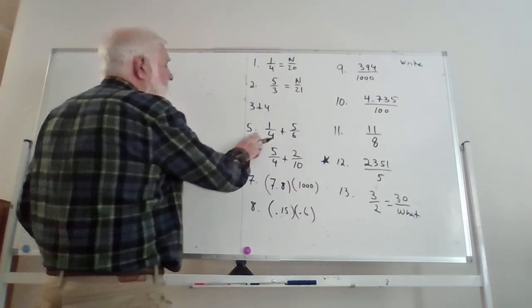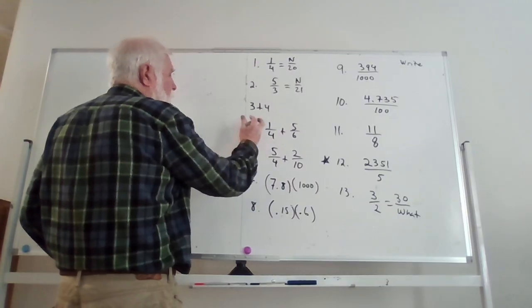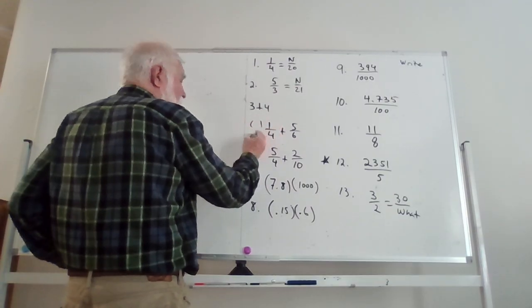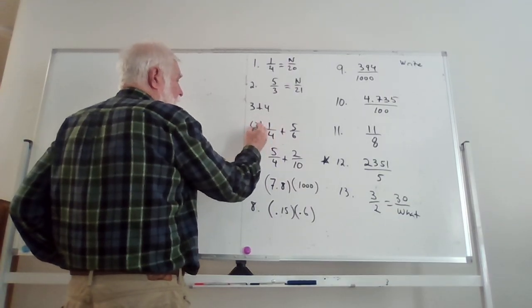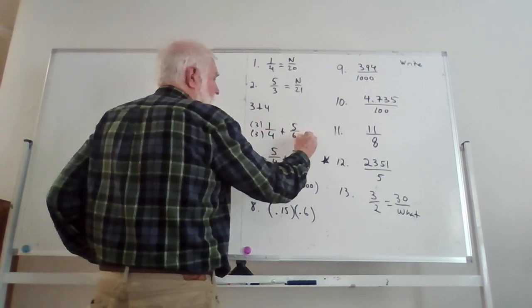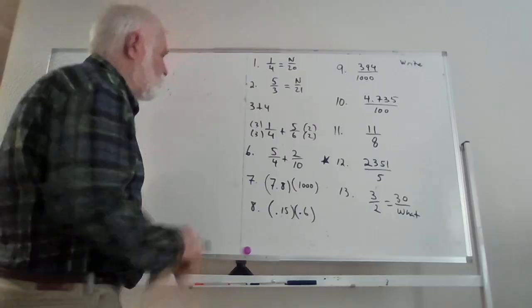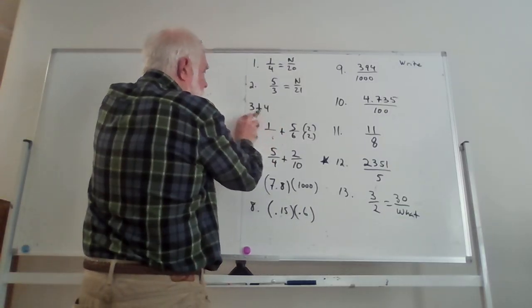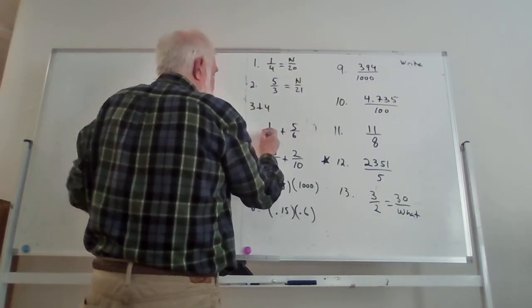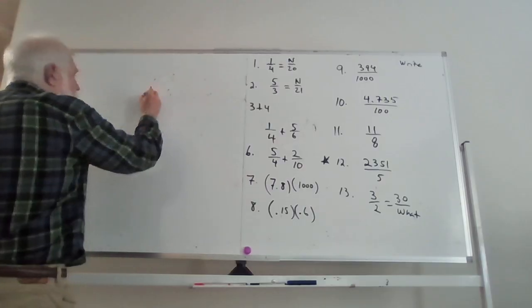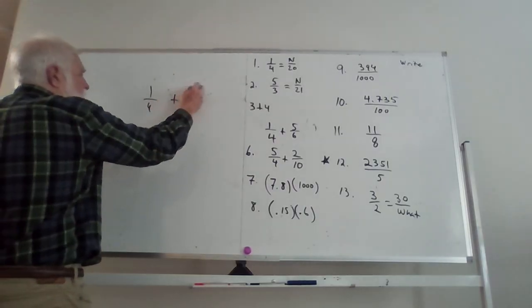And so this problem here, what did I want him to do? I wanted him to multiply to get to 12. This is 3, that is 3, and this is 2, and that is 2. So that was part of what we talked about. I think I probably wrote before we did that. Let's do it over here. All right, so 1/4 plus 5/6.